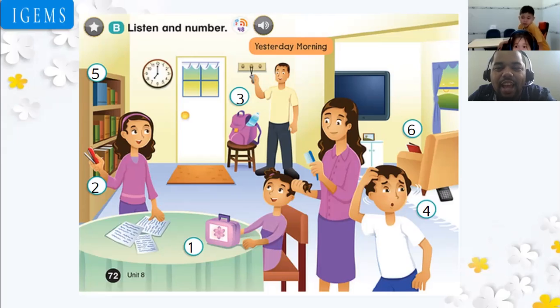That's right. And what about number two? What is number two? Can you see it? Number one is lunch box. And number two, what is number two? A stapler.